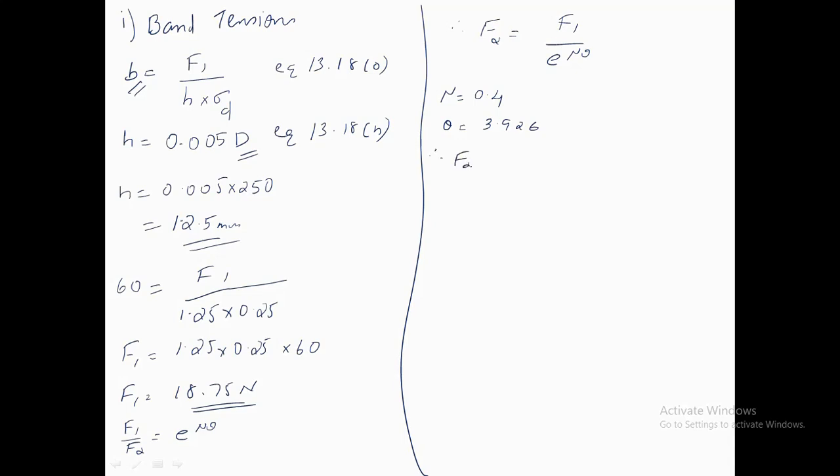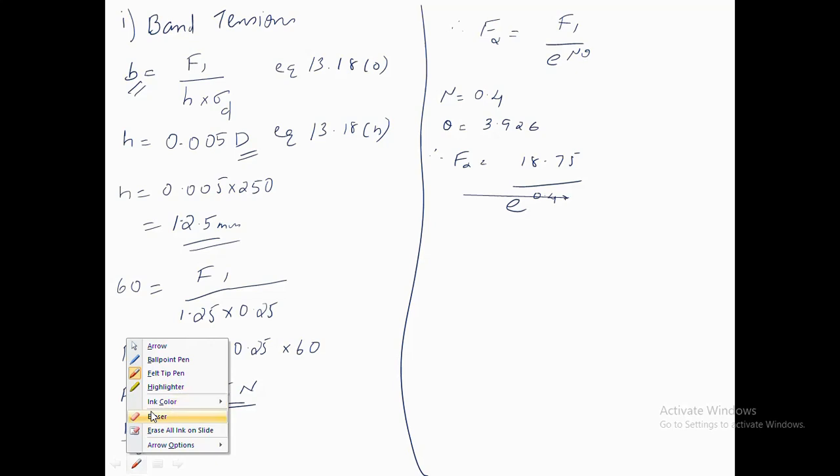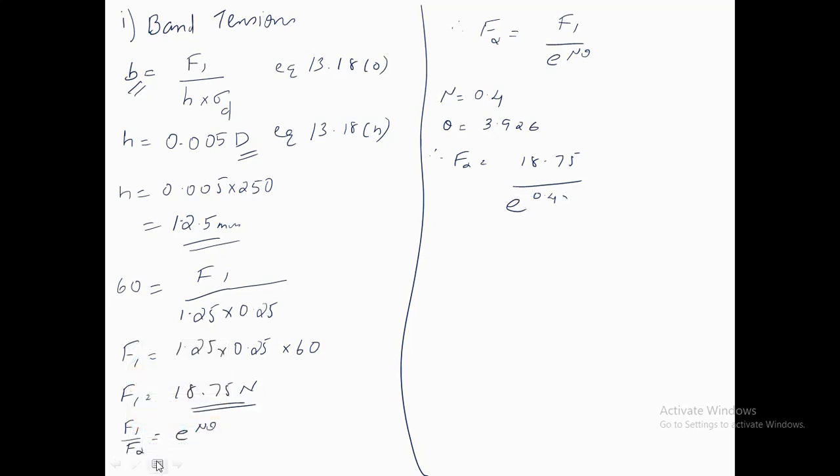Therefore, F2 is equal to 18.75 divided by e raised to 0.4 into 3.926. So F2 will be equal to 3.89 Newton.